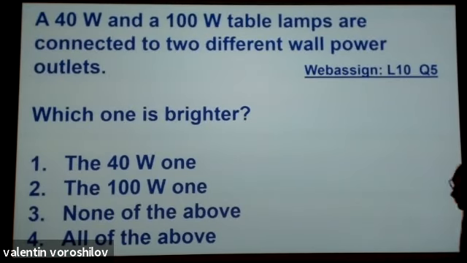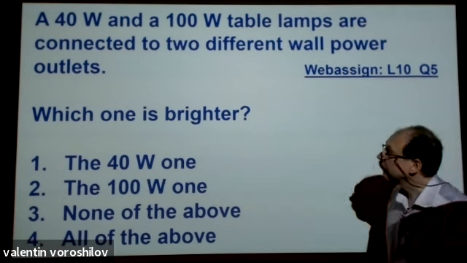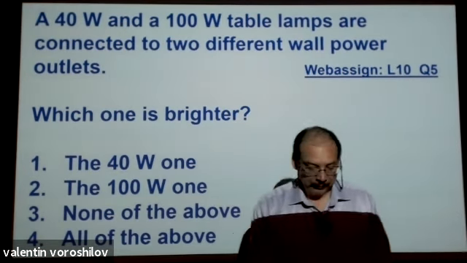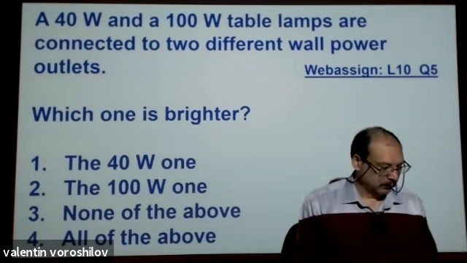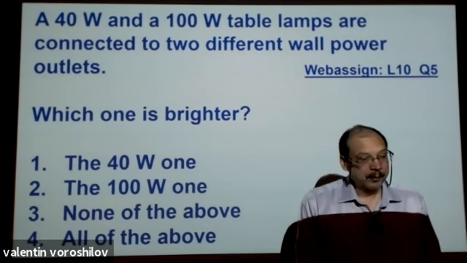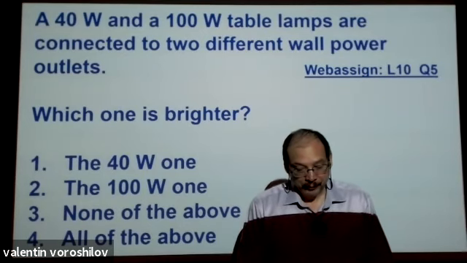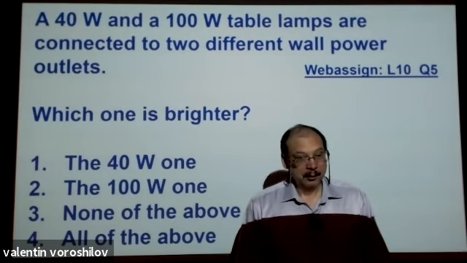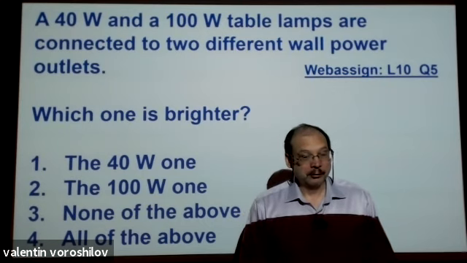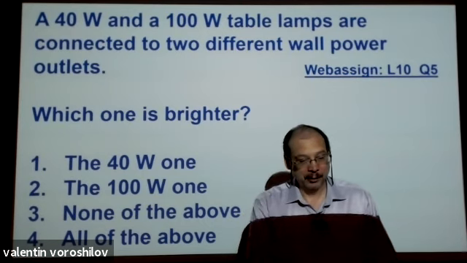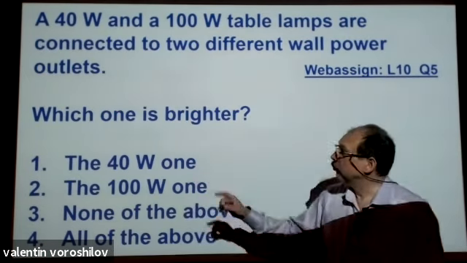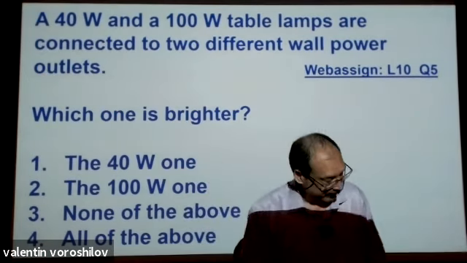Now, a question. This is a common sense question. You are at home and your roommate is in a different room, and well, you are in charge, so you have a 100-watt bulb in your room and your roommate has a 40-watt bulb.